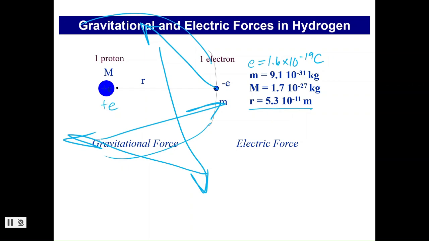If you were to take 1,000,000 snapshots of a hydrogen atom and calculate the radius from the proton to the electron for each of those snapshots, this 5.3 times 10 to the negative 11th meters is the average position of the electron. It's what in old school chemistry we would define as the position of the first orbital, the first shell in the hydrogen atom.